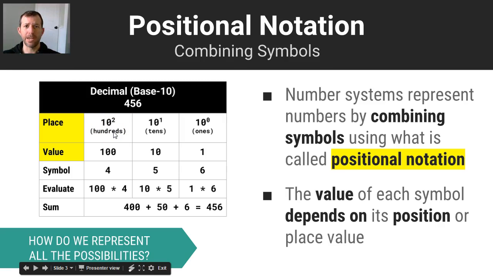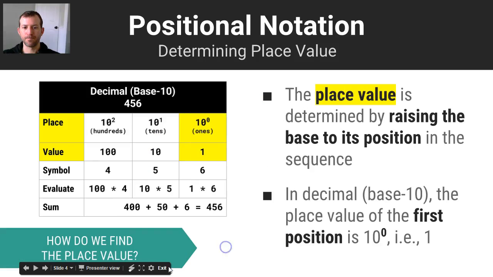So hopefully this gives you some idea of how the number system you use every day works. It's a combination of a distinct number of symbols that can be used and this positional notation in which the position in which the symbol is placed gives it its value. And this is exactly how you calculate the number from the symbols themselves.